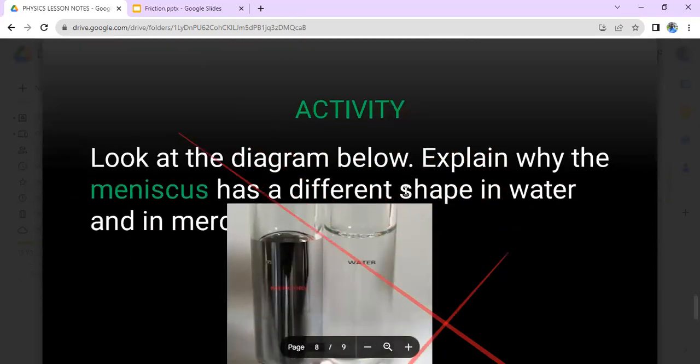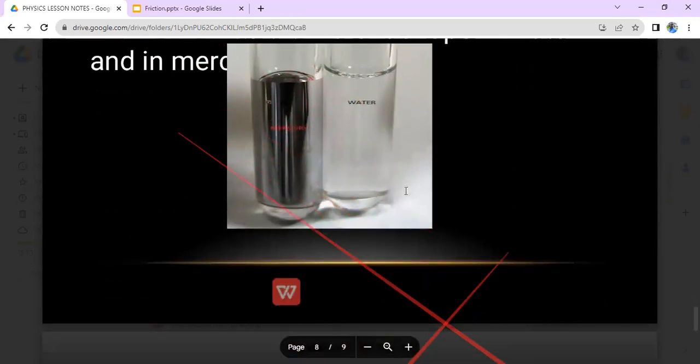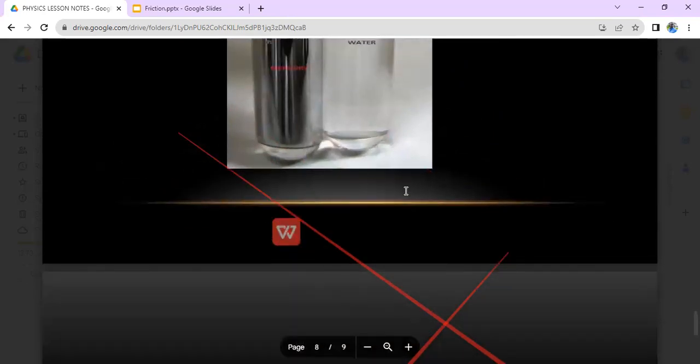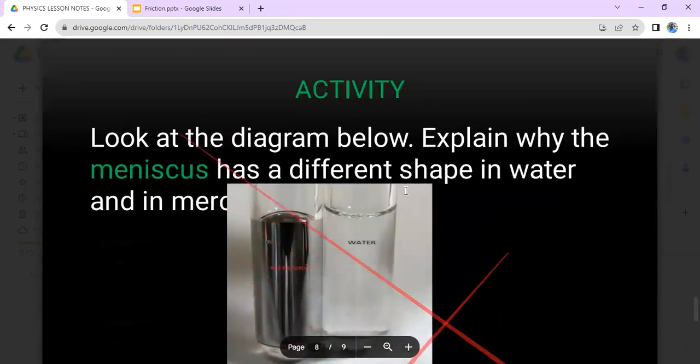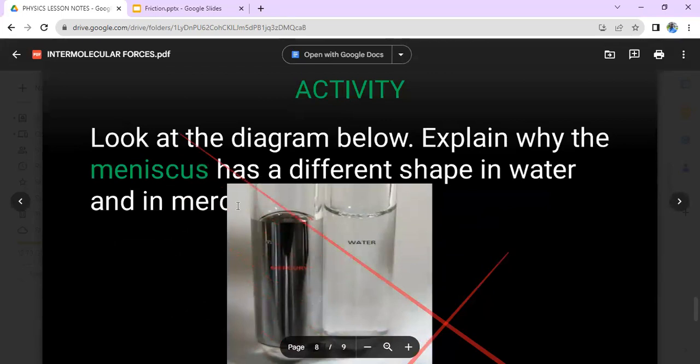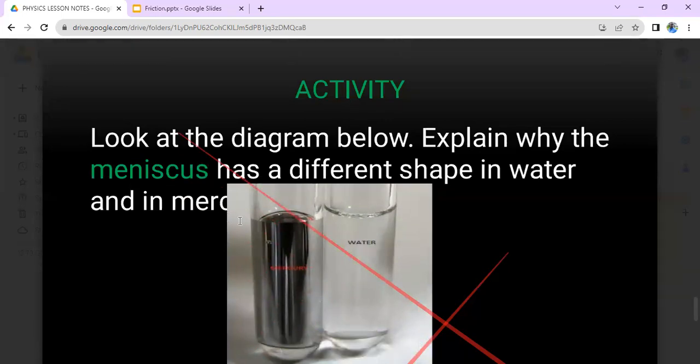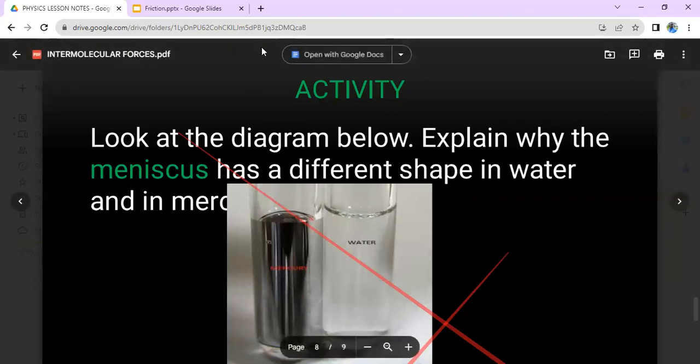So we have an activity here. It is telling us to look at the diagrams and explain why the meniscus has a different shape in water and in mercury. Now, if someone talks about meniscus, this is what they mean.